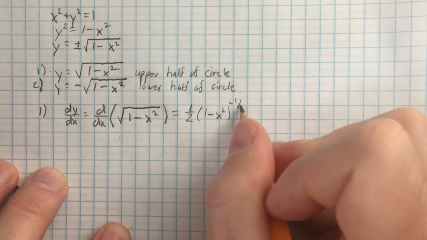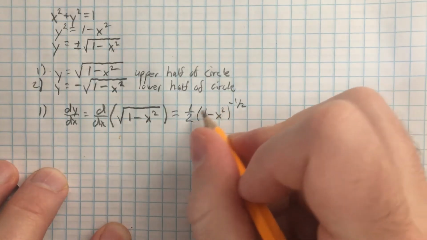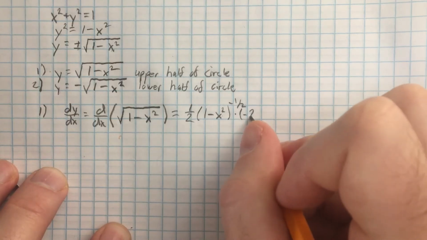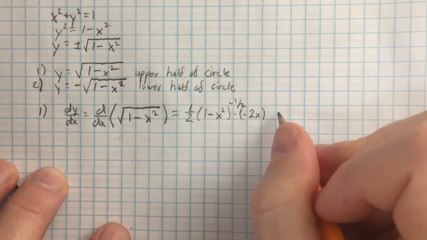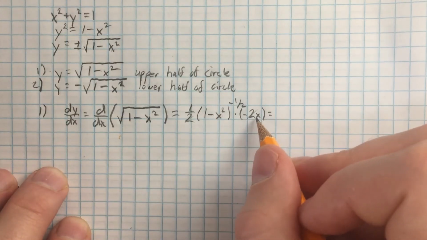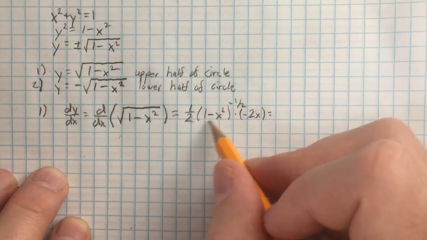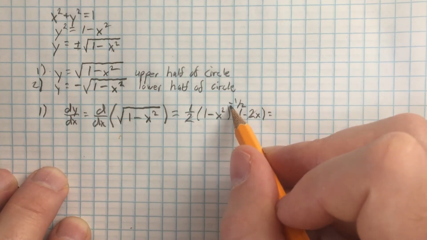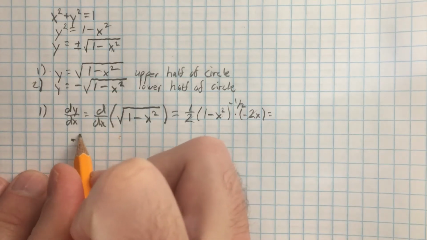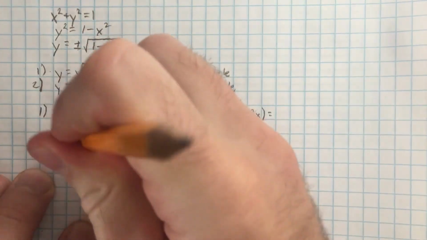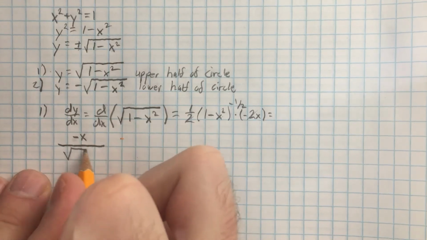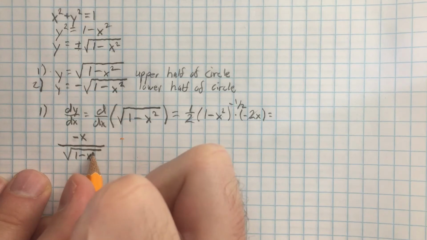Power goes down by 1 to negative 1/2, and now I multiply by the derivative of the inner function, the 1 minus x squared, to complete the chain rule, and I'll get times negative 2x, of course. Clean this up slightly. The 2's will cancel. We'll be left with a negative x in the numerator. This factor will be pushed to the bottom because of the negative exponent, and we'll have a radical down there. So it should look something like negative x over the square root of 1 minus x squared.